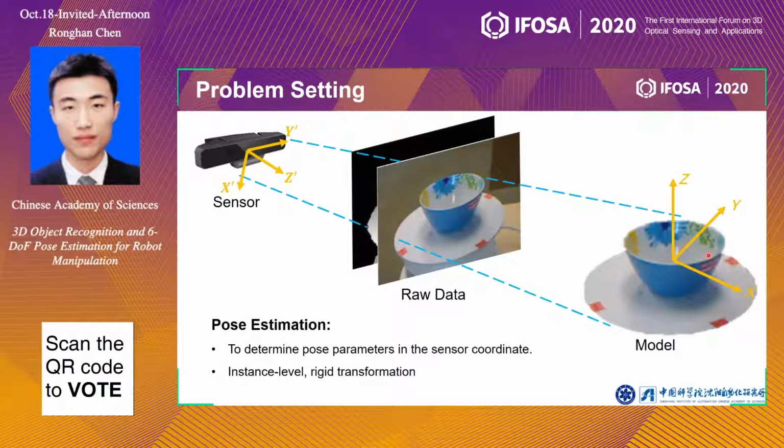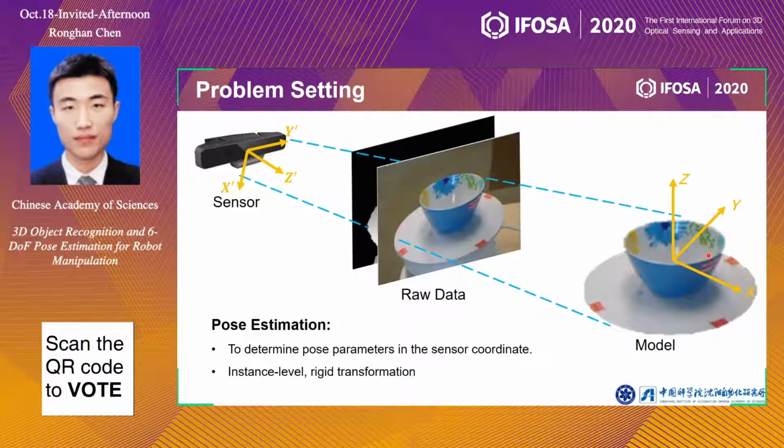Thus, when grasping online, no further computation is needed, and the grasp problem is almost equivalent to a pose estimation problem. So here we first introduce traditional methods, and these methods often perform object recognition and pose estimation simultaneously.